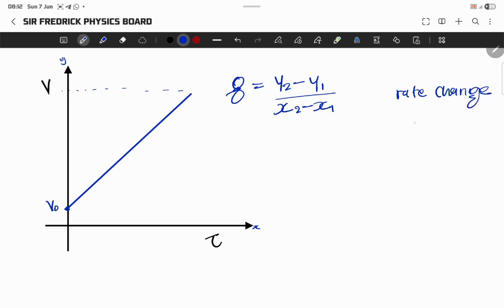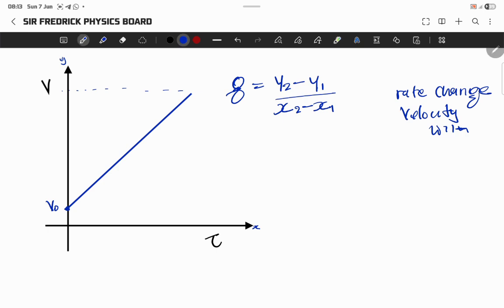The rate of change in the velocity with time. So since we have the change in velocity with time, what are we calling that? Acceleration, or the slope. So in simple terms, the gradient that you find in mathematics represents acceleration in physics.